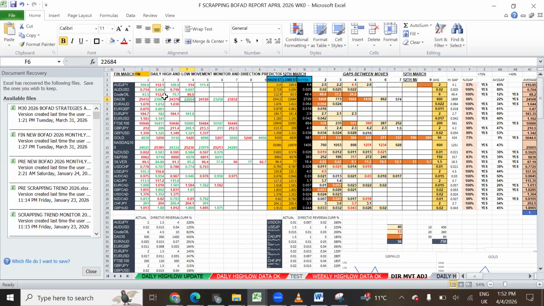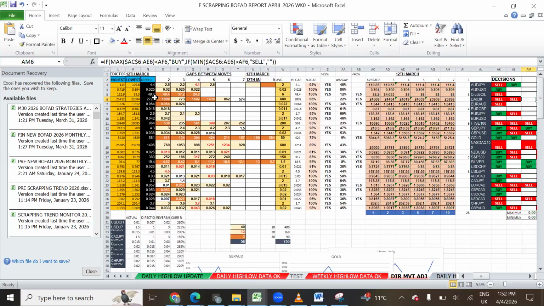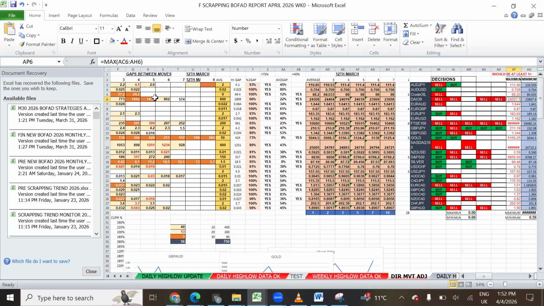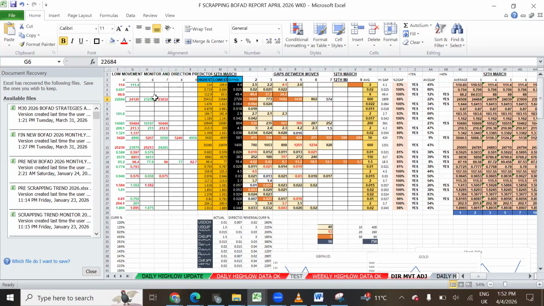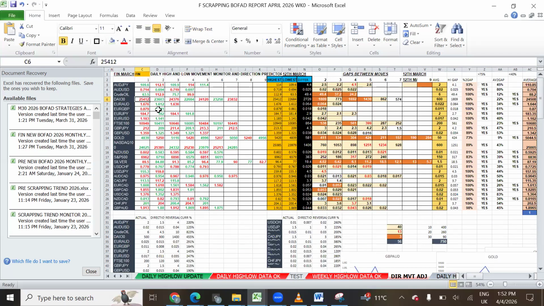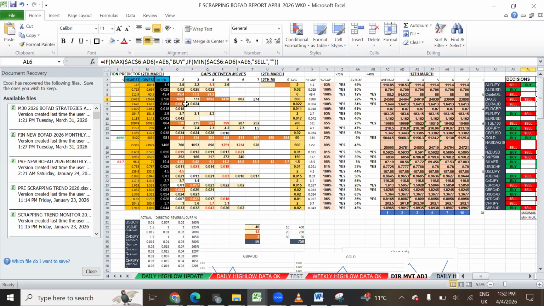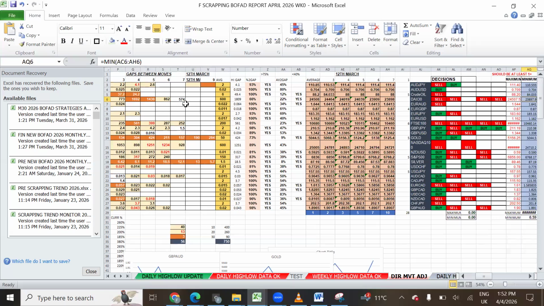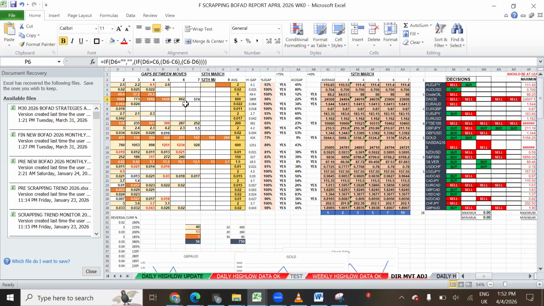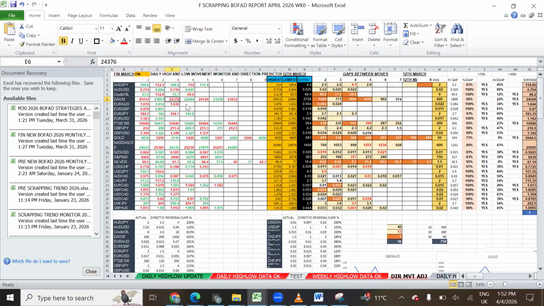Can you see that? So if you have followed the rule, then it means you could have sold right from 24,507, as you can see here, 24,507 downwards to as low as 23,897 or even as low as 22,684.